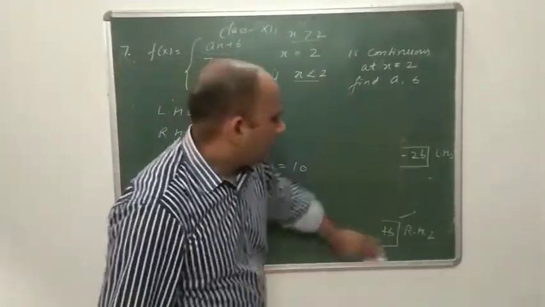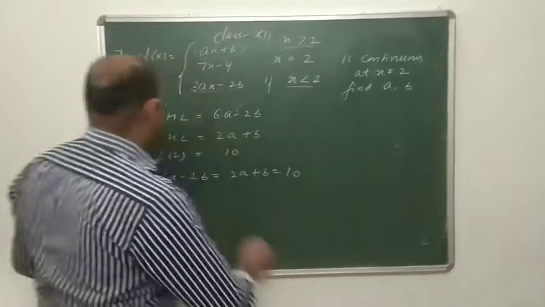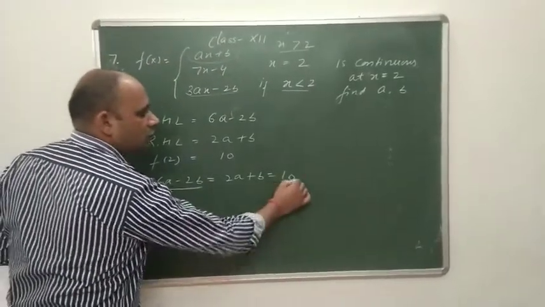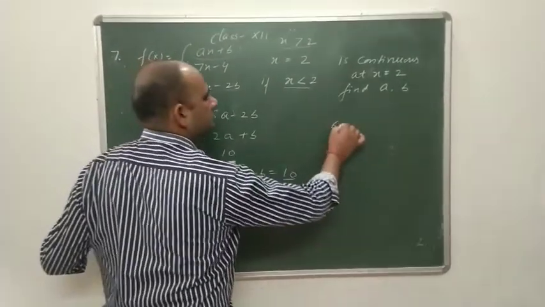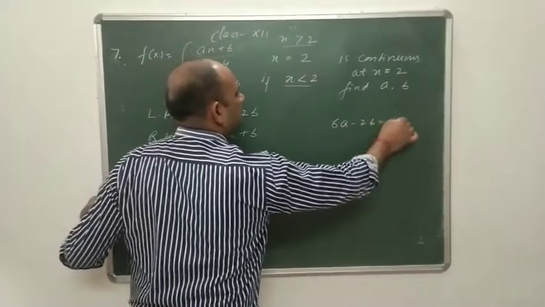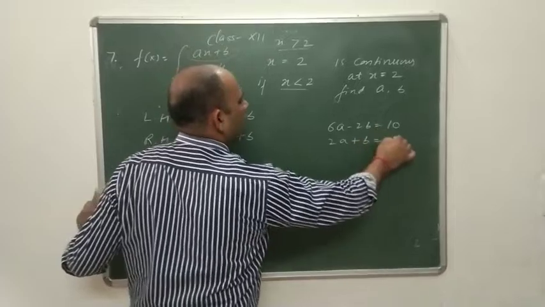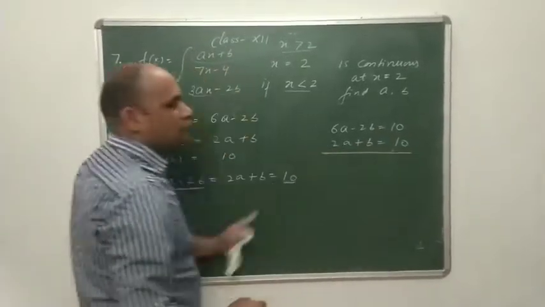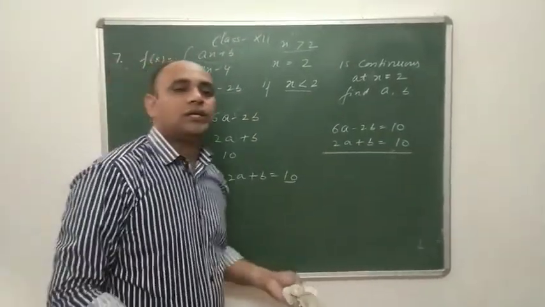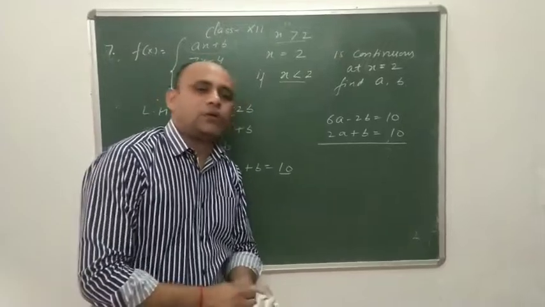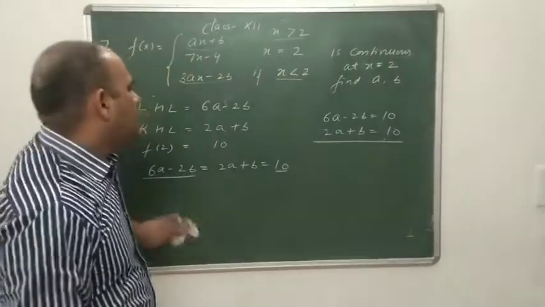Now, 6a minus 2b is equal to 10, and in the same way 2a plus b is also 10. Now you will solve both the equations by using the elimination method or cross multiplication method.